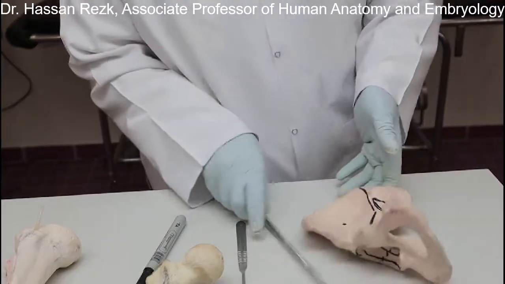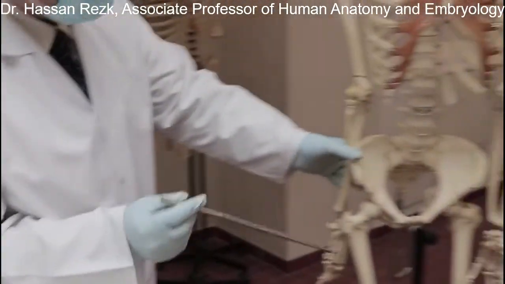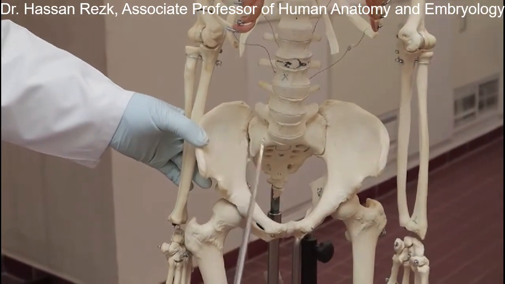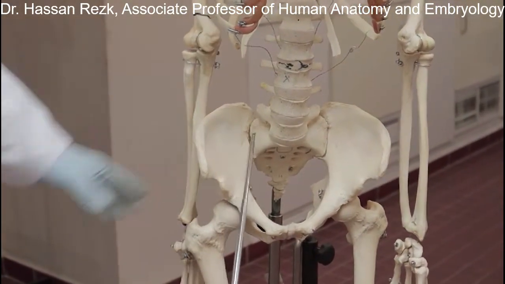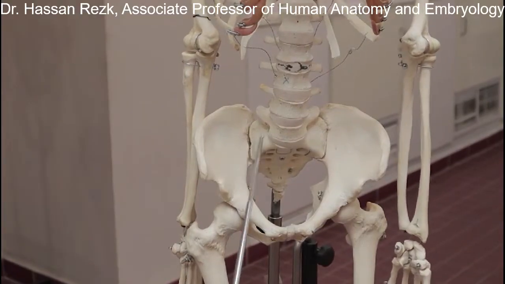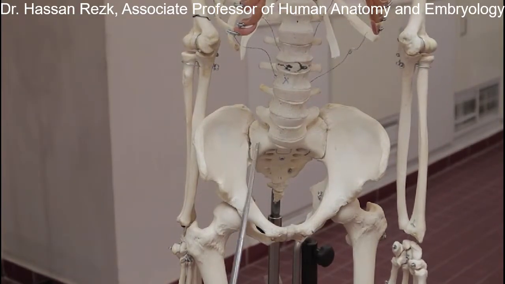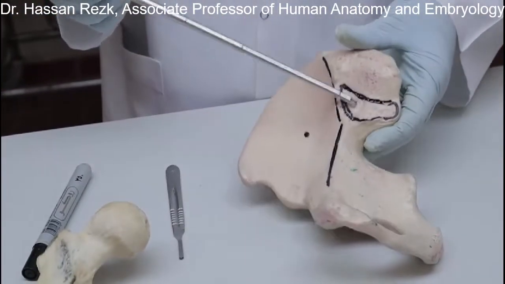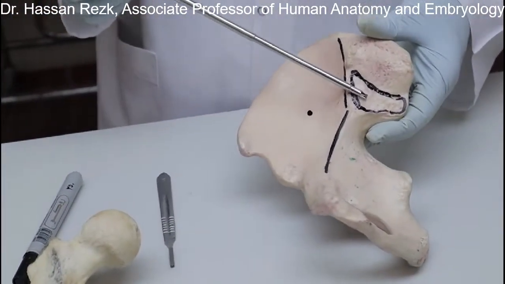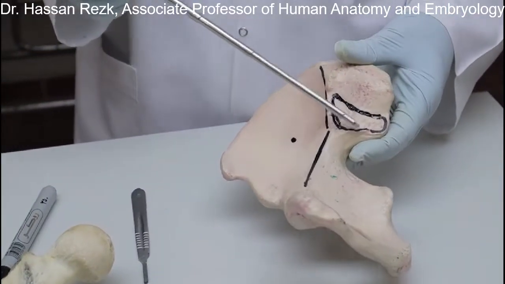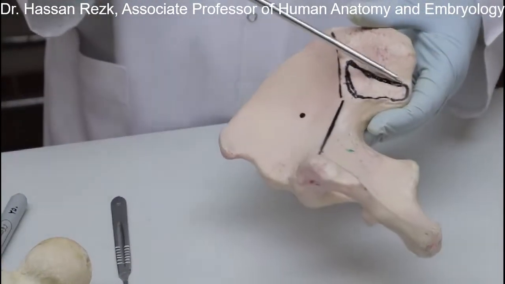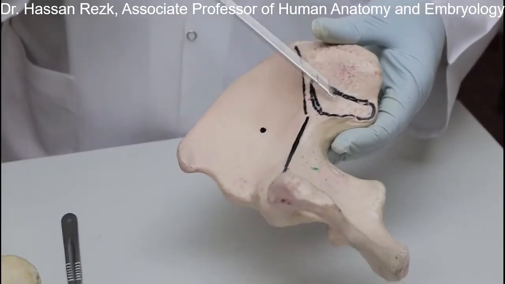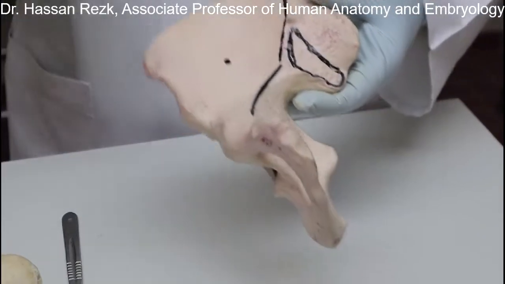Back to the model, this joint is the sacroiliac joint, which is the articulation between the sacrum and the ilium. This is the area in the hip bone for the articulation with the sacrum.